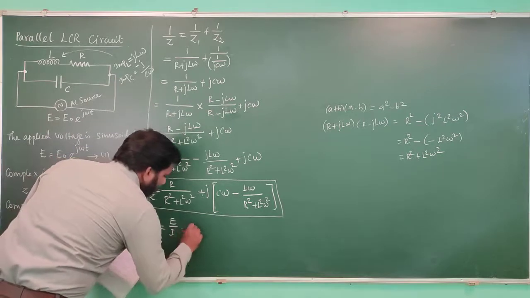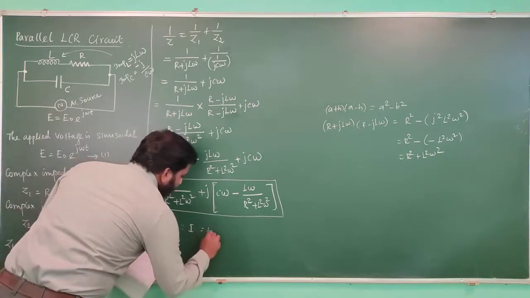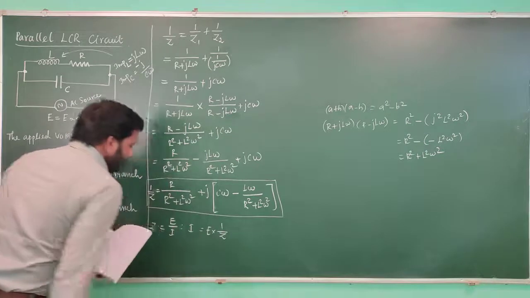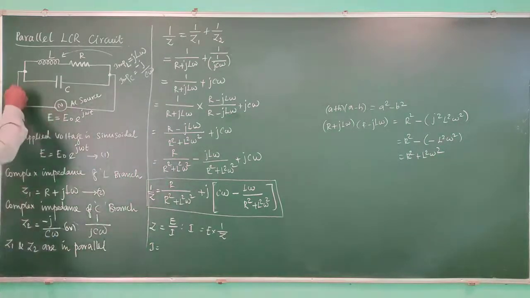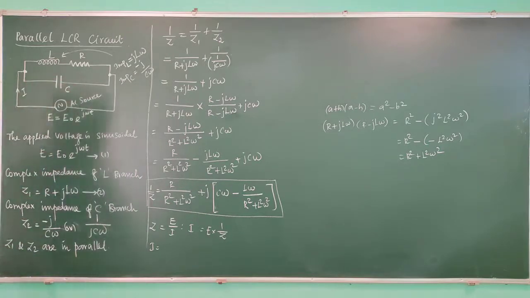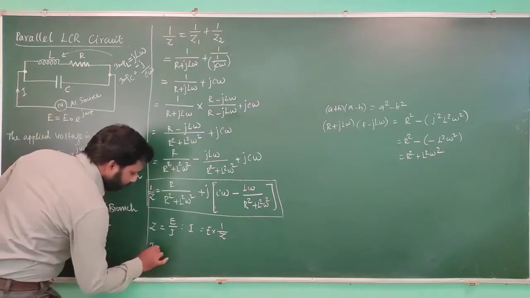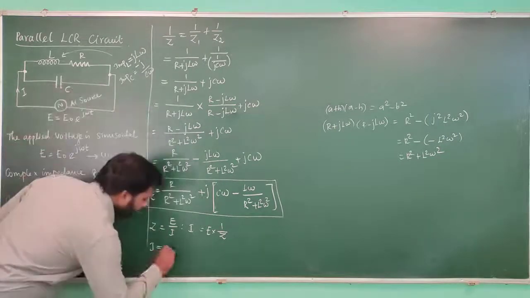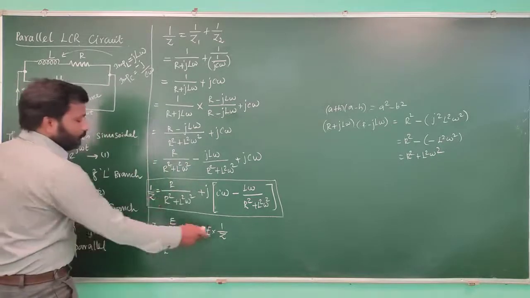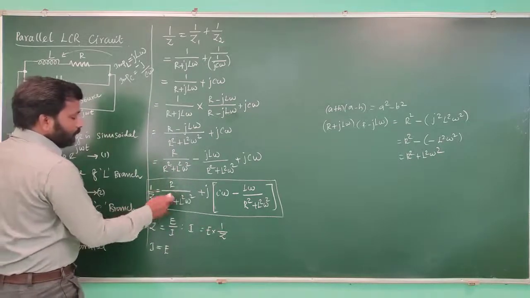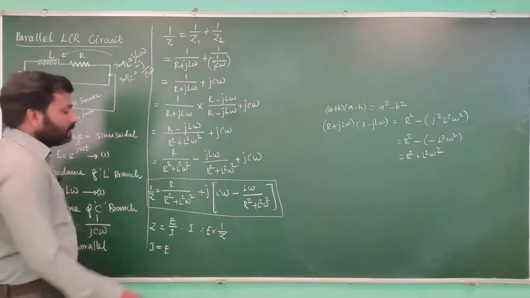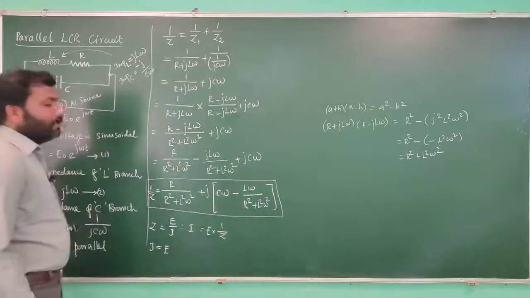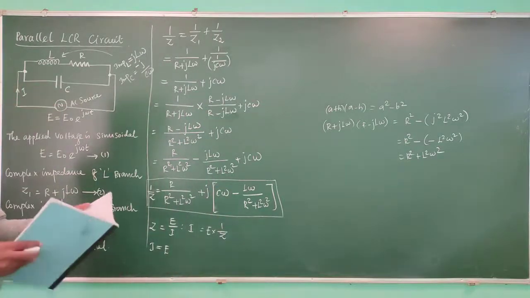And if you rewrite this equation for I, then we can write E into 1 by Z. So we can write the expression for current through this circuit, that is, the expression for current through this parallel LCR circuit, as E times this term. 1 by Z is nothing but R by R square plus L square omega square plus j multiplied by (omega C minus L omega by R square plus L square omega square).